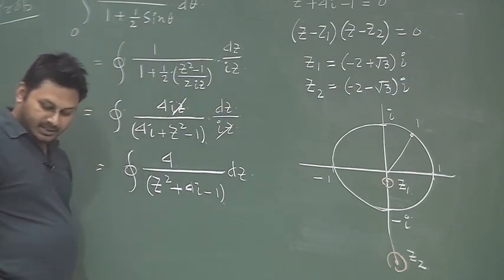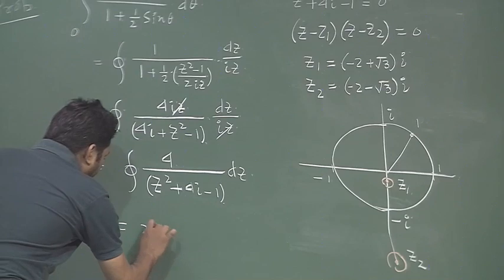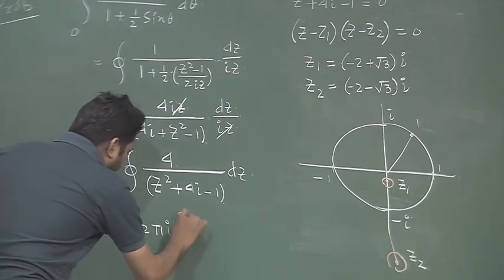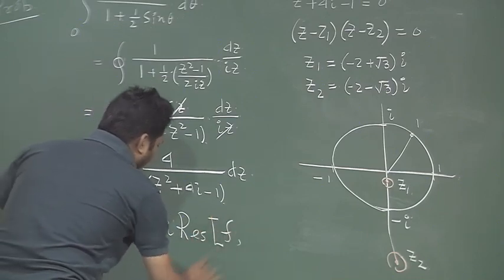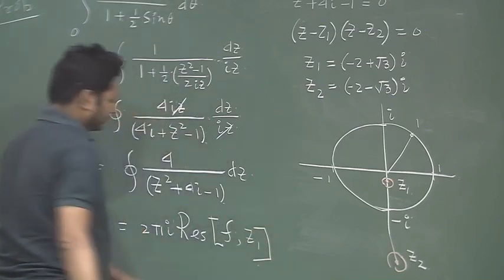So, this quantity should have the value 2 pi I times the residue of the function at the z1 point.